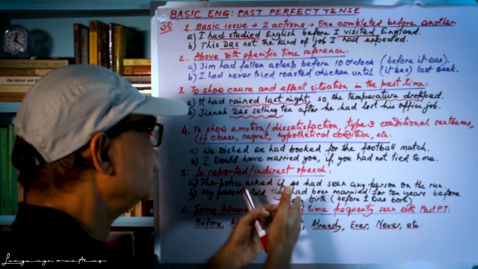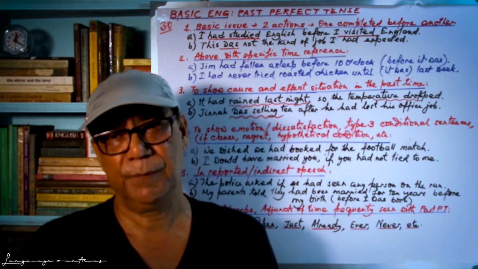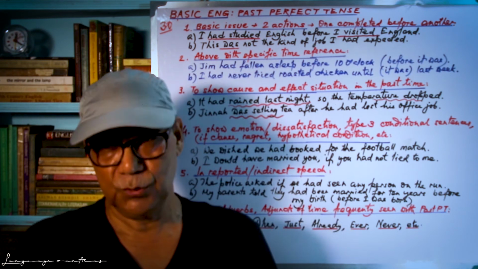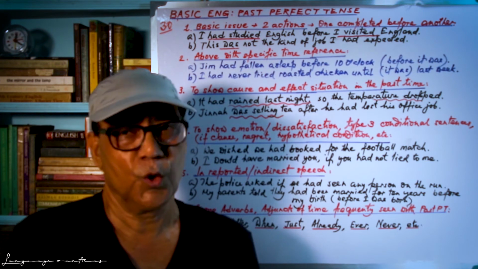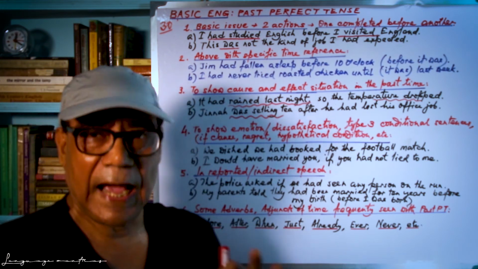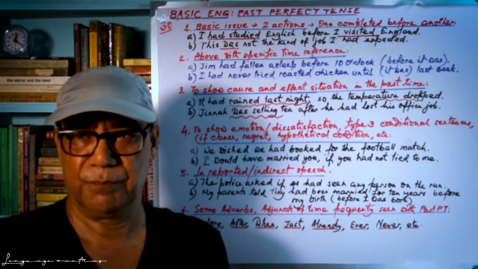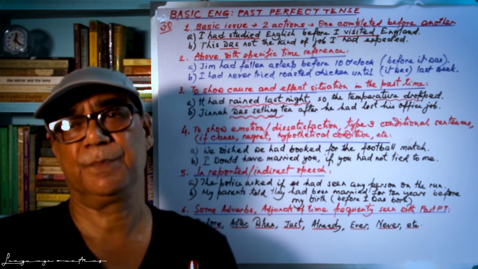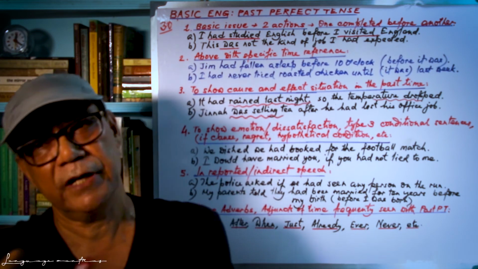Because my parents told we have been married for 10 years before your birth. This was the version of my parents. What did they say? They said we have been married for 10 years before your birth.